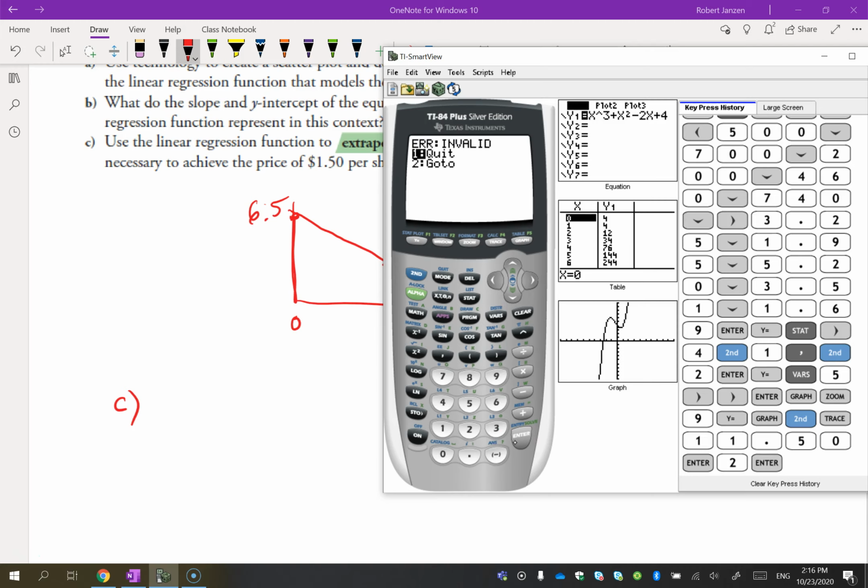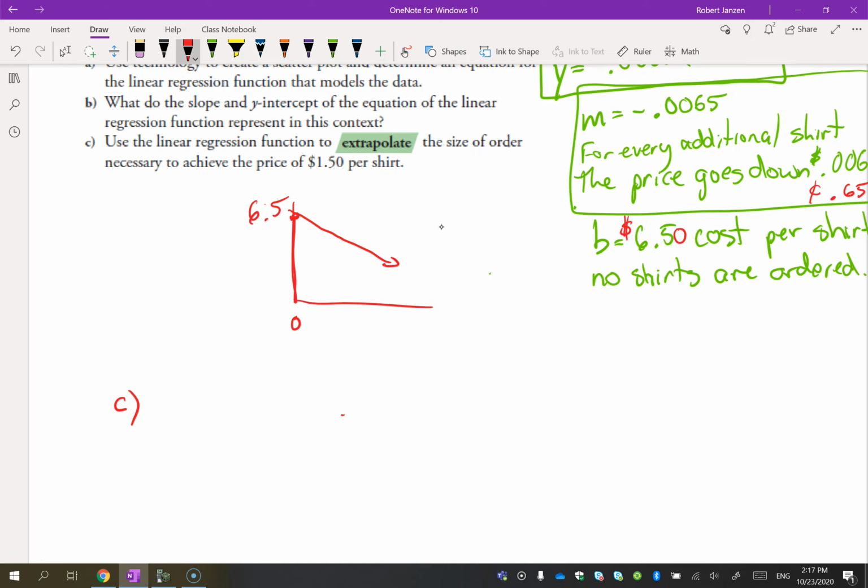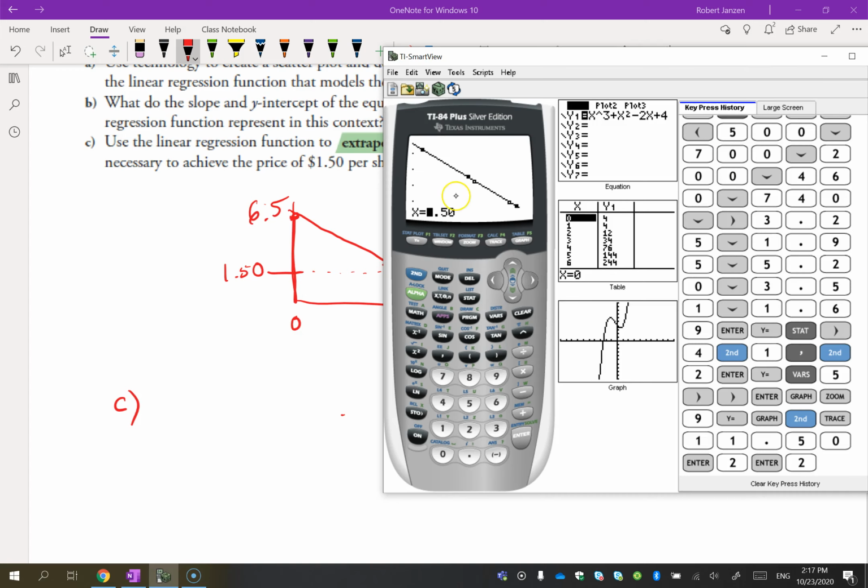Why does it say invalid? Well, we weren't figuring out when X was 150. We're being asked when Y is 150, right? The shirts start at 6.50. We're looking for when the shirt is going to cost $1.50. What is the X value? The X value we don't know. So you can't put 150 in there. We have to do something else.